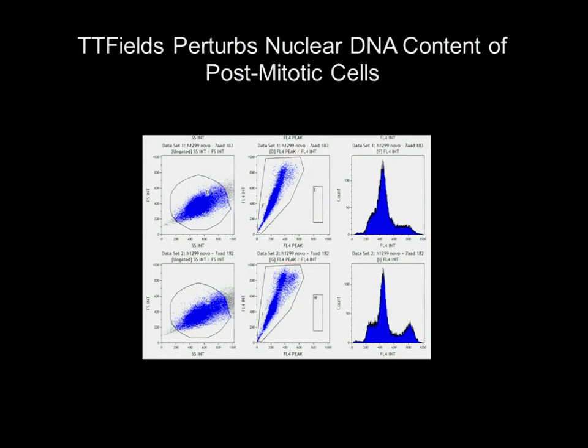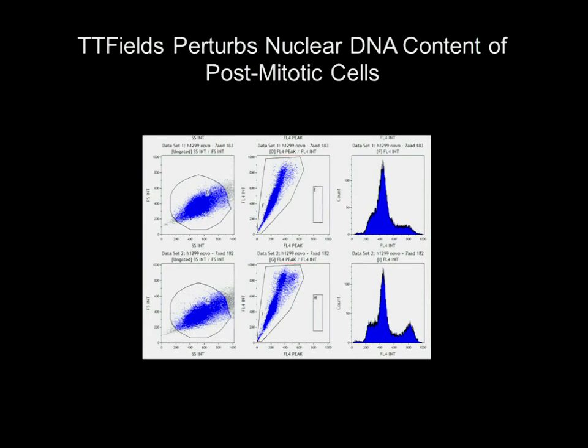And here you see the consequence on the DNA: the preservation of a large number of 4N cells, cells with double the amount of DNA that a daughter cell should have.